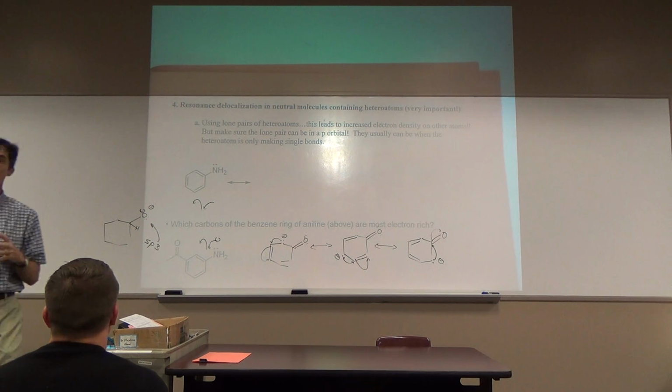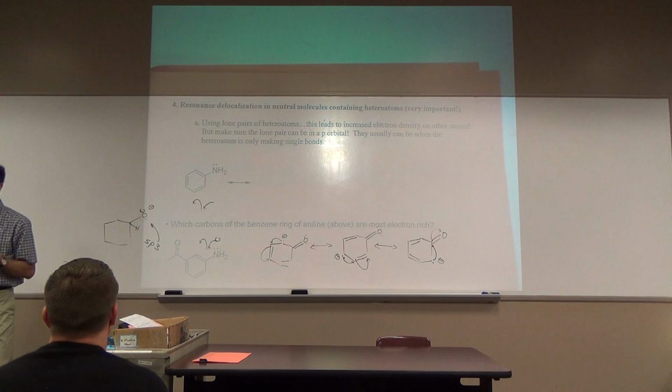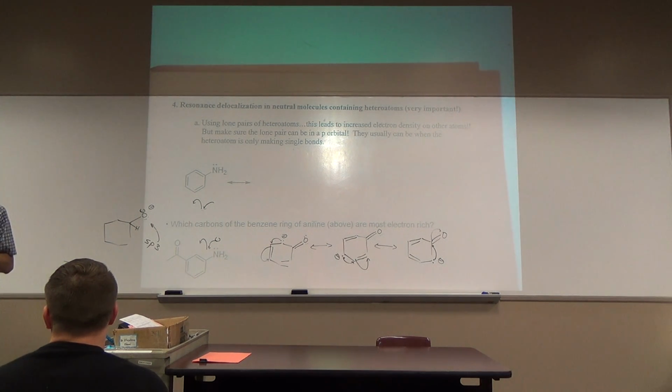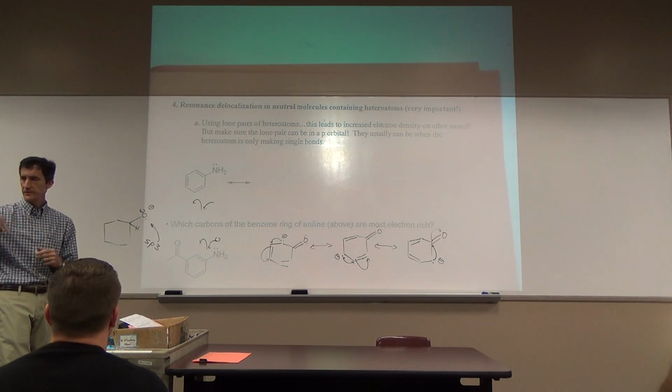Why the first one? It's the oxygen. You'd rather have the anion on oxygen than carbon. What's another reason the first one is better? The benzene ring is intact, and it sort of just gets to be an isolated benzene ring.